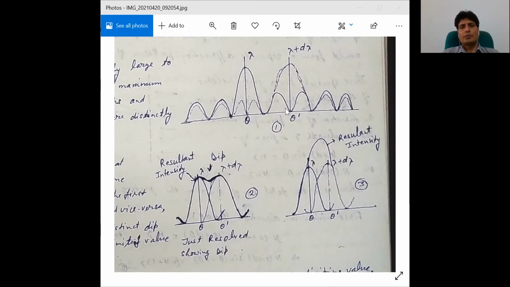In graph number one, d lambda is sufficiently large to separate the central maxima due to both wavelengths, and the two spectral lines are distinctly resolved.